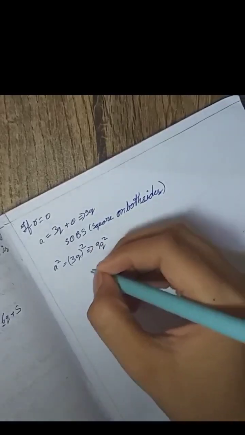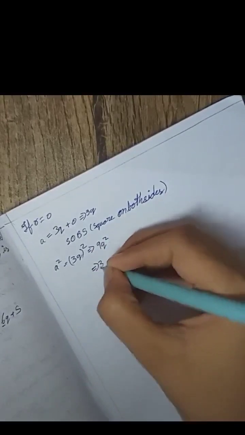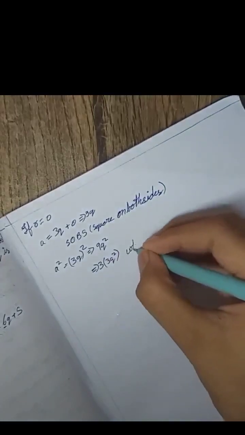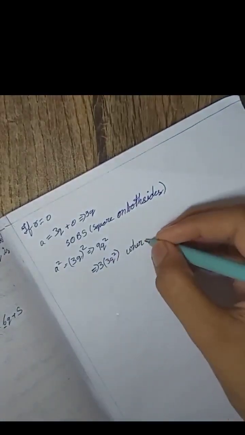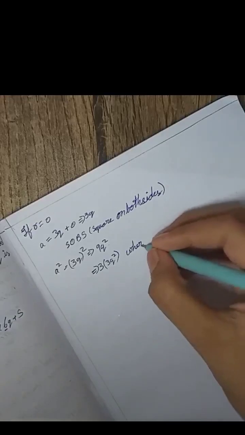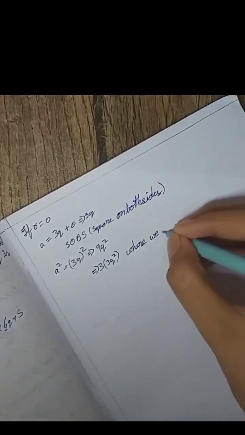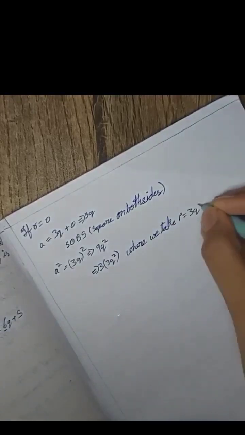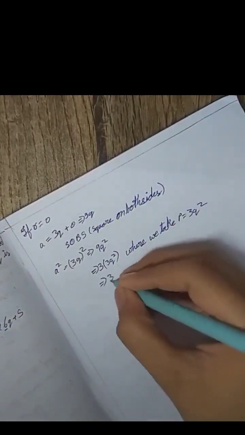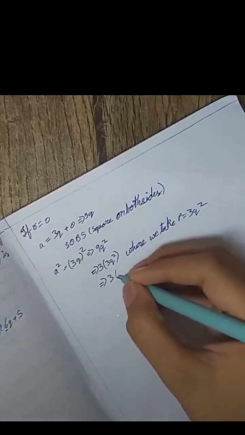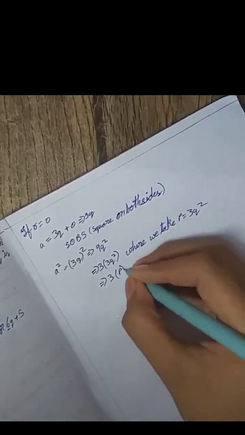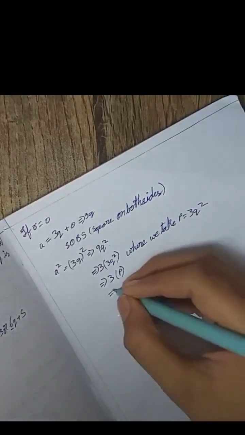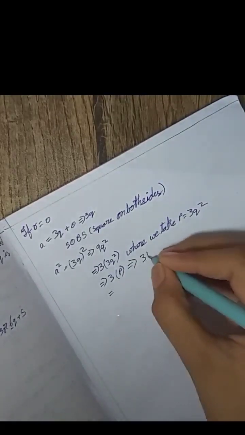We can write 9q square as 3 into 3q square, where we take p is equal to 3q square, then it is equal to 3 into 3q square, which is 3p. So we get the first rule.